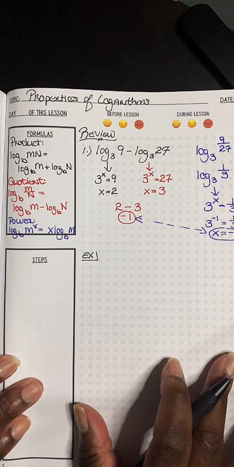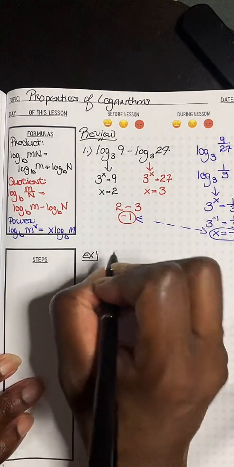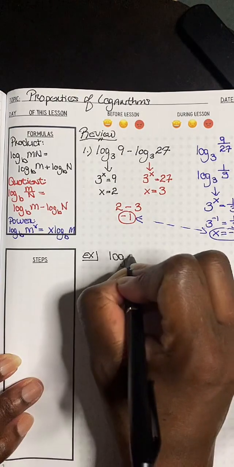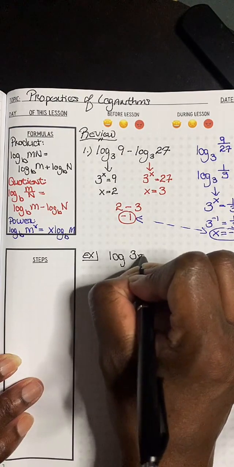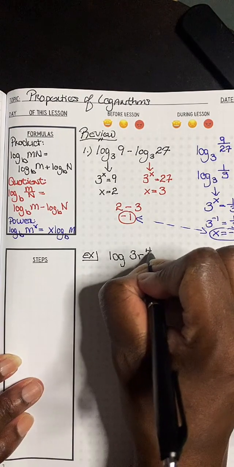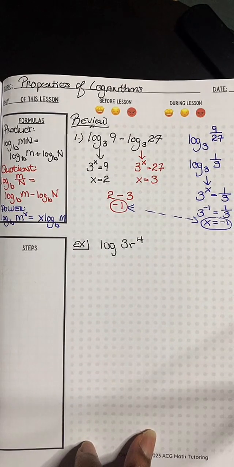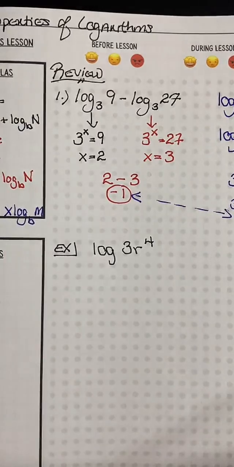Let's say, we'll do this. We're going to have to learn it anyway. So if I have log of 3r raised to the 4th, okay? No parentheses, just 3r raised to the 4th.